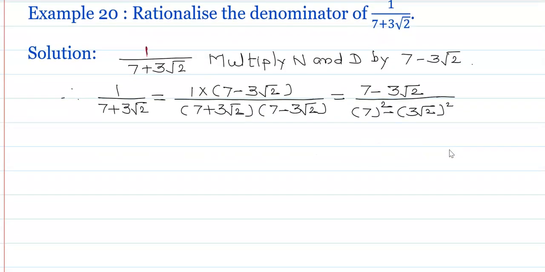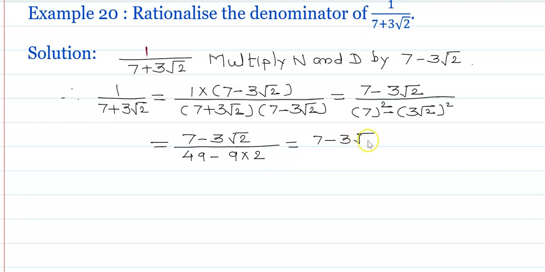Now next, 7 minus 3 root 2. 7 square means what? 49, and minus 3 square is 9, root 2 square is 2, and therefore 7 minus 3 root 2 upon 49 minus 9 into 2, 18.